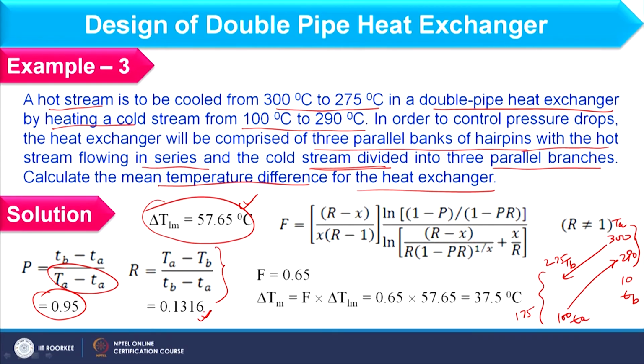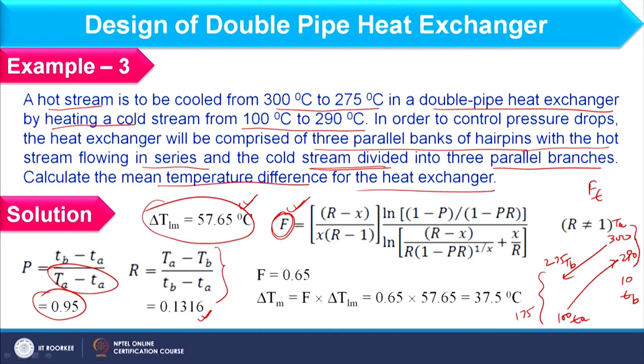So, you can see here R value is not equal to 1. So, we have to choose the FT correction factor expression accordingly. So, this is basically the expression. Here I am representing FT as capital F. In some books such representation you can also find, and in some books FT is given as it is.